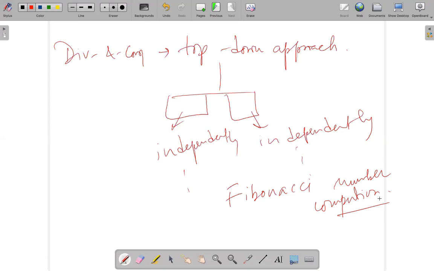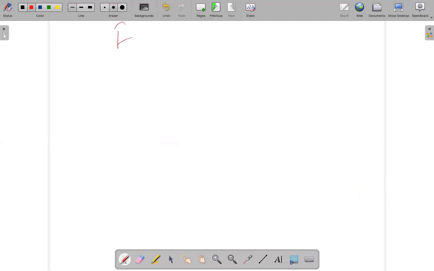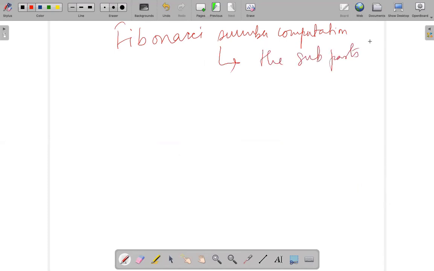This is because the subproblems that you divide the main problem into are not independent of each other. So the Fibonacci series computation is a problem where the individual subparts are not independent.